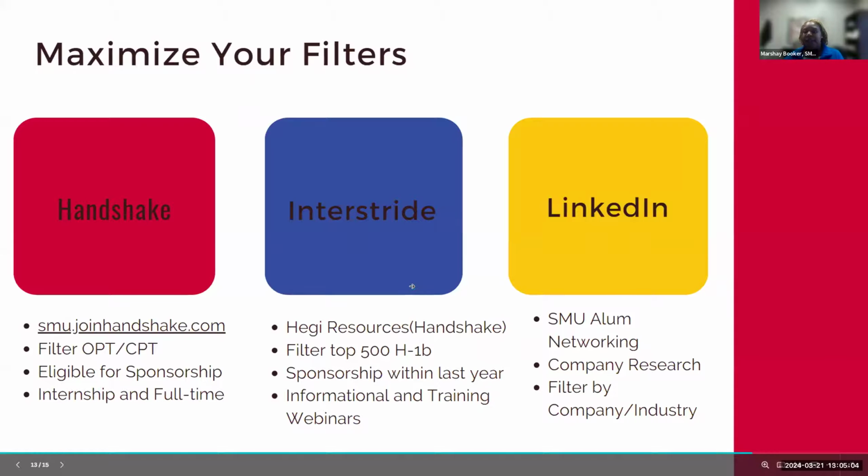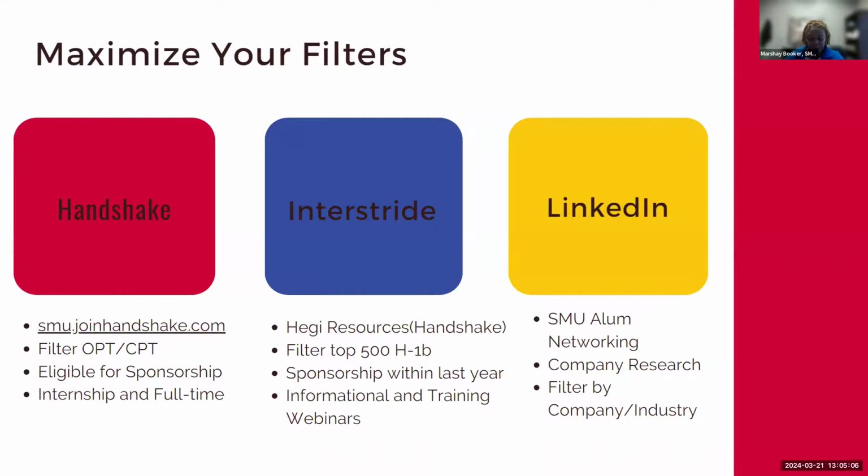InterStride is an international student-based job board. It's much like Handshake with jobs. It is available in our resources. You can filter between the top 500 to the top 1,000 H-1B employers. You can filter by sponsorship within the last year. There are a lot of different informational and training webinars.